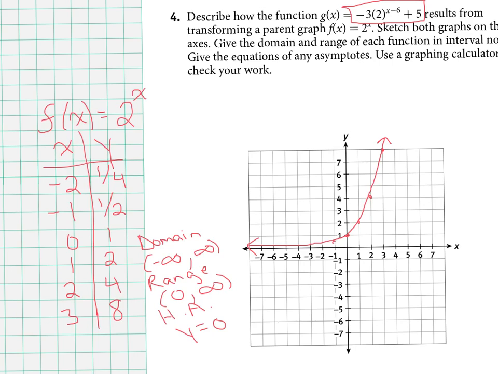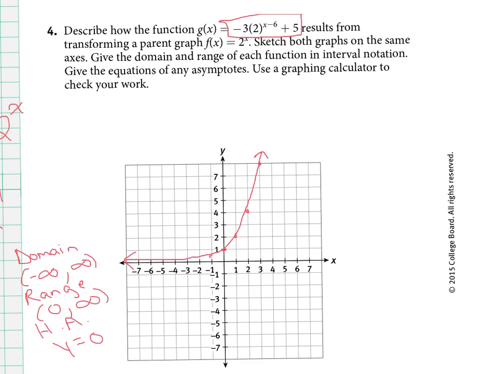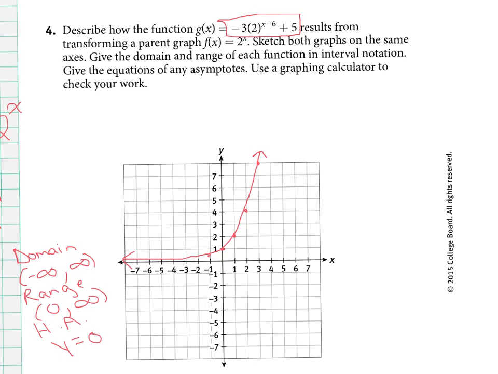Try to make a guess of what all you think is going to happen on this one. And this might be one that you really would like to use your calculator to help you when you start graphing so that you have good points. The negative in front is a reflection over the x-axis. It's also going to make all my y values negative.